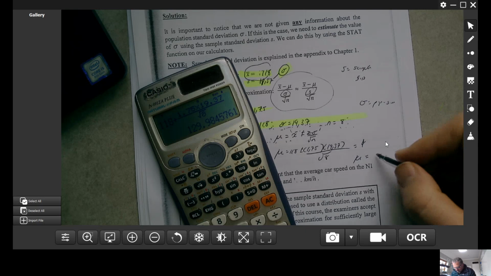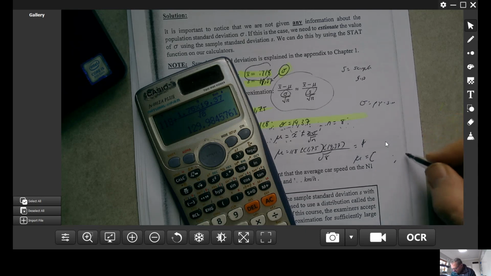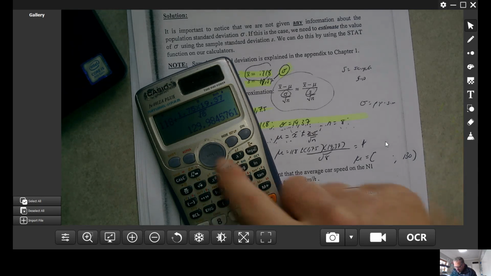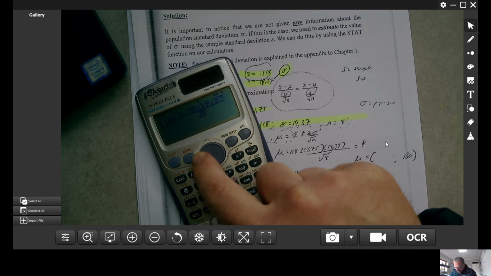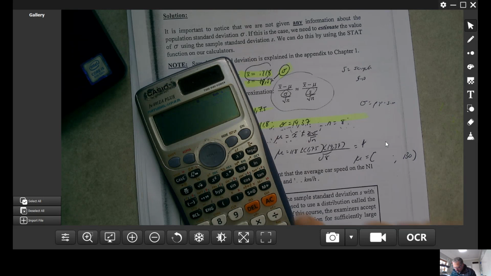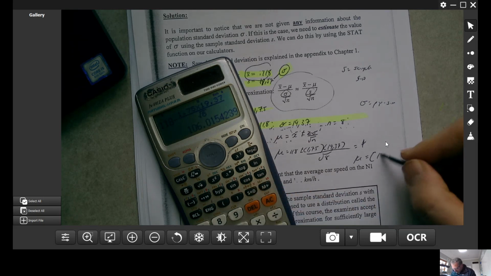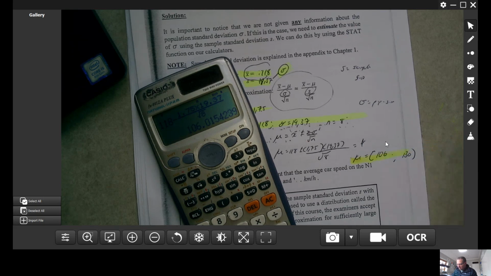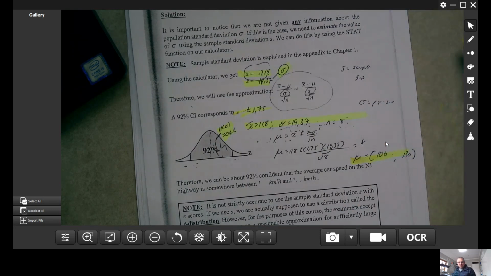So let's just make that 130. Upper boundary of 130. And your lower boundary is going to be that minus that, equals 106, approximately. So we're 92% certain that the mean is somewhere between 106 and 130. Pretty spread out. Why? Because n is so small.